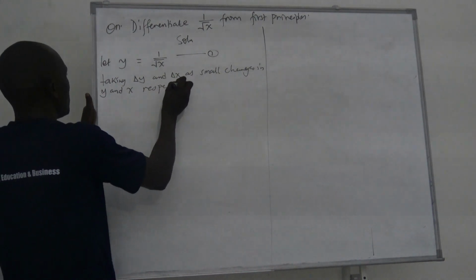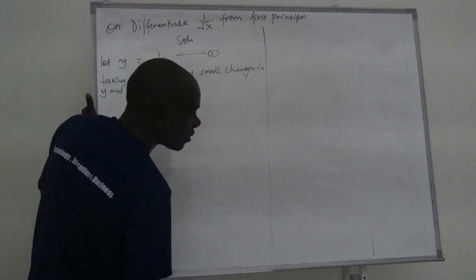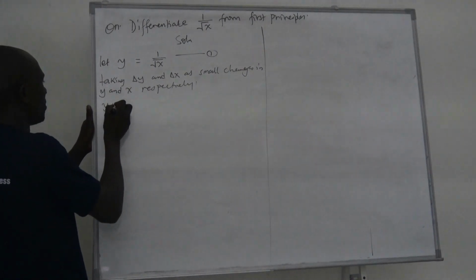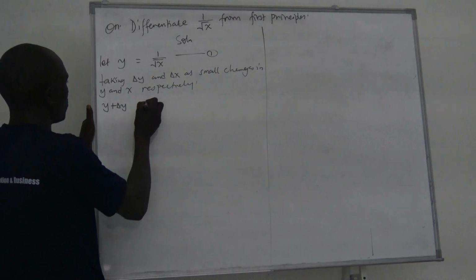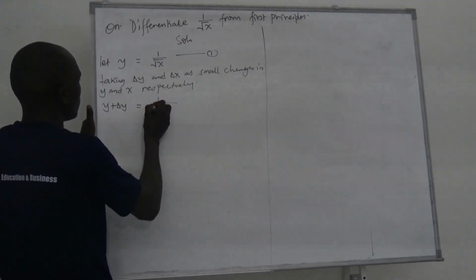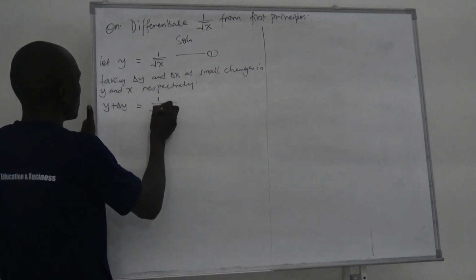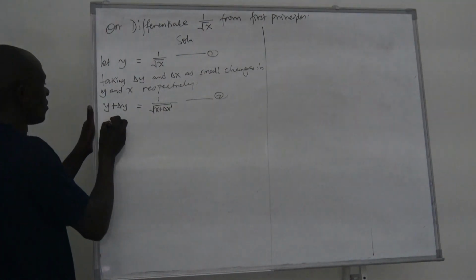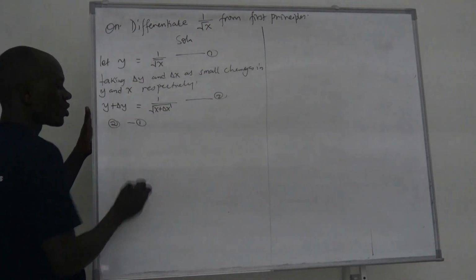That one, don't forget it, because some don't know what you're doing your way. What do we have? y plus small change in y equals 1 over root of x plus small change in x. This is the second. Then from equation 2 minus 1.